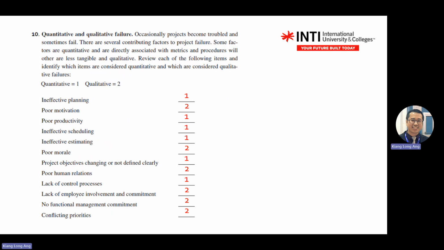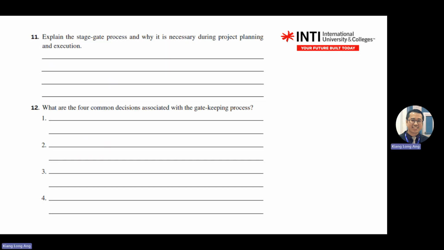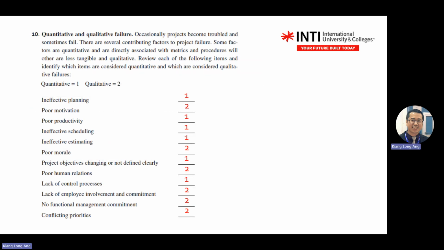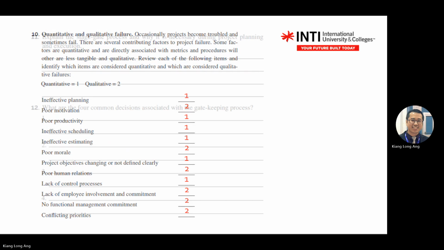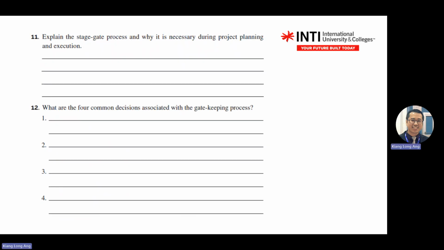Right. Qualitative. Okay. So explain the stage gate process. This one you go to the slide on the stage gate process. You draw the stage gate. So the last one is 2. Okay. This question comes out in the exam. So 11 and 12 are stage gate process questions.